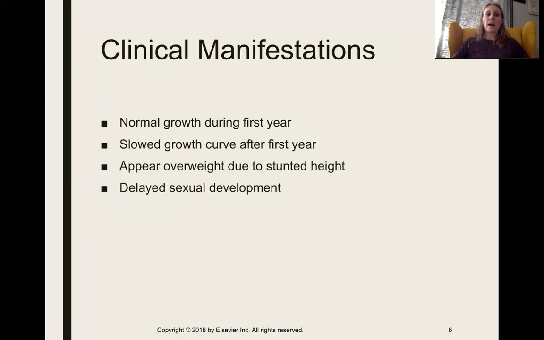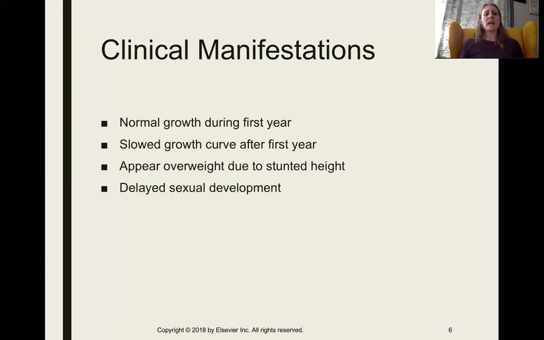When we have this growth hormone deficiency, we are going to see, again, that stunted growth. We usually see normal growth over the first year, and then that growth curve starts to slow. Our role in nursing is really to determine whether the slowed growth that we're seeing for these little ones is related to a growth hormone deficiency or whether it's related to failure to thrive.